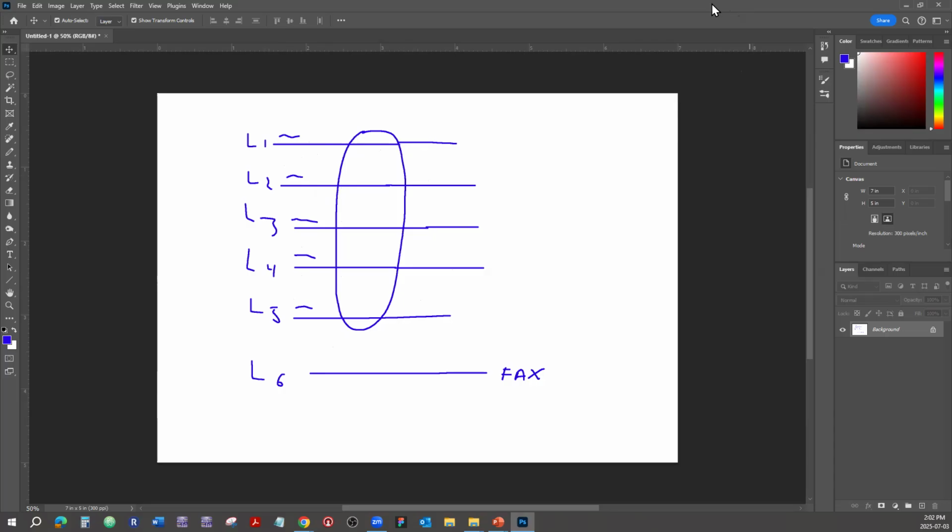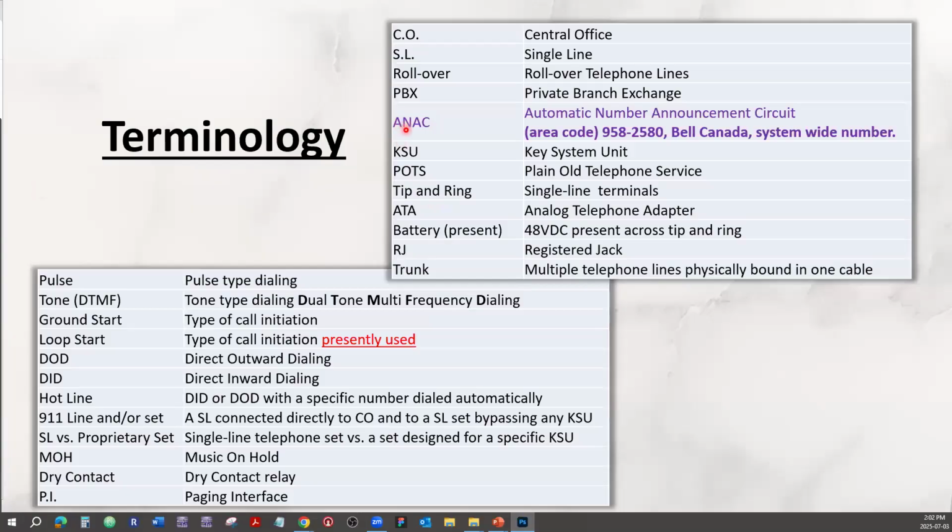That's why there is something that's called the ANAC number. It's automatic number announcement circuit. Most of the companies have that number. Like, for example, for Bell Canada in our area, if you have the telephone line from Bell Canada. If you get it from Rogers or from somewhere else, then this number will not work. This is just for Bell.